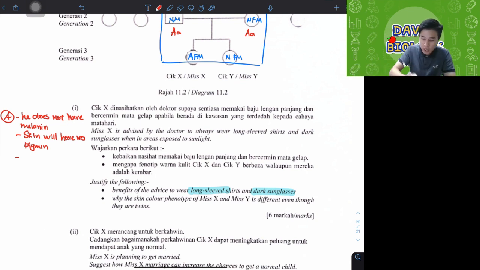Which therefore your skin will be very sensitive to sunlight and UV.